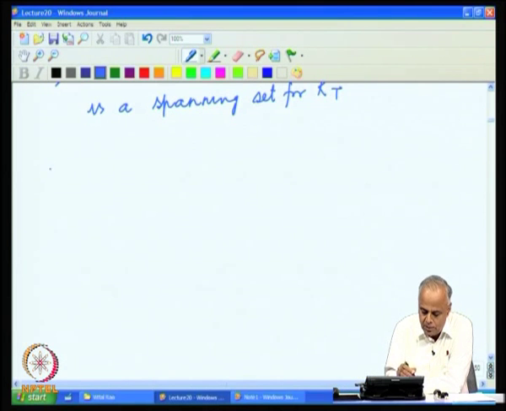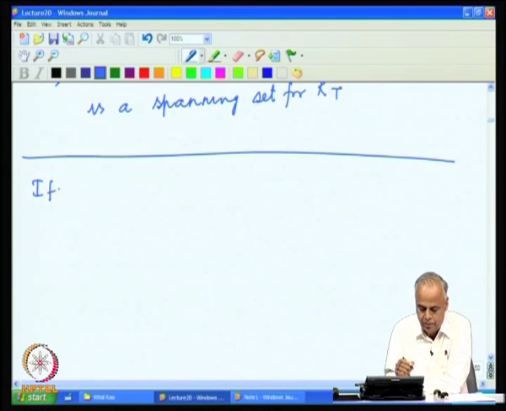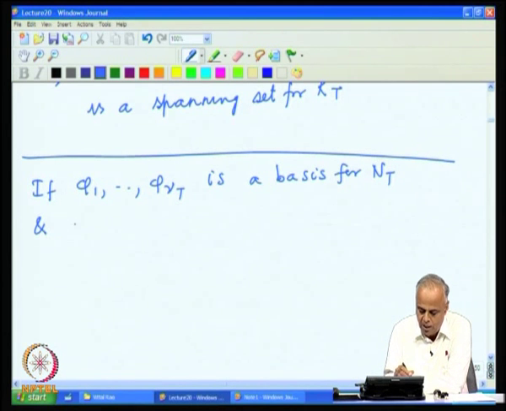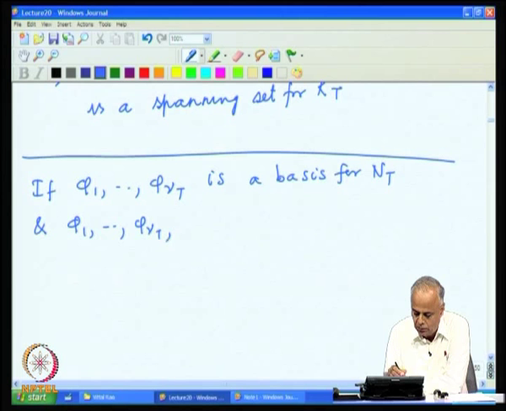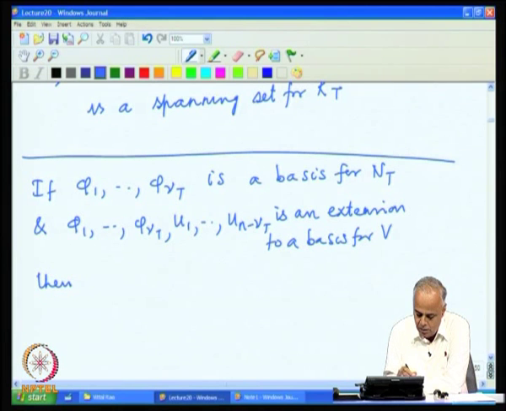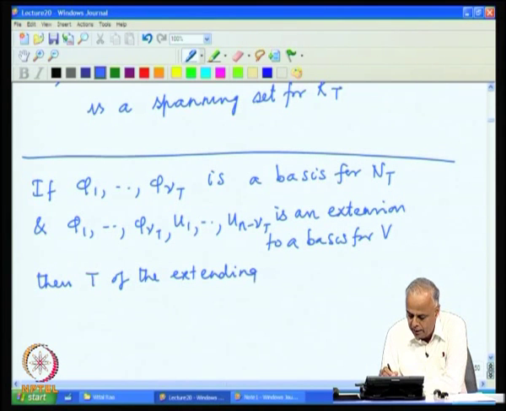So, what we have therefore is, if phi 1, phi 2, up to phi nu(T) is a basis for the null space of T, and phi 1 to phi nu(T), u 1 to u n minus nu(T) is an extension to a basis for V, then T of the extending vectors, what are the extending vectors? u 1, u 2, u n minus nu(T).